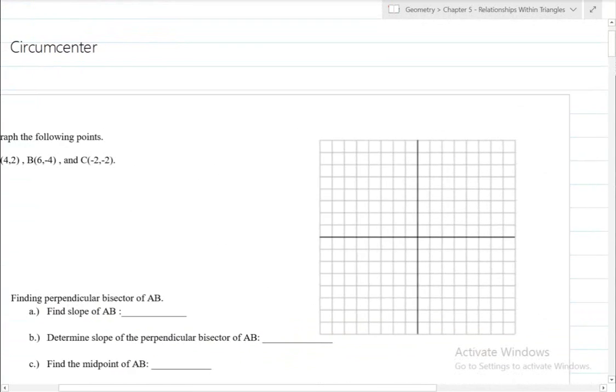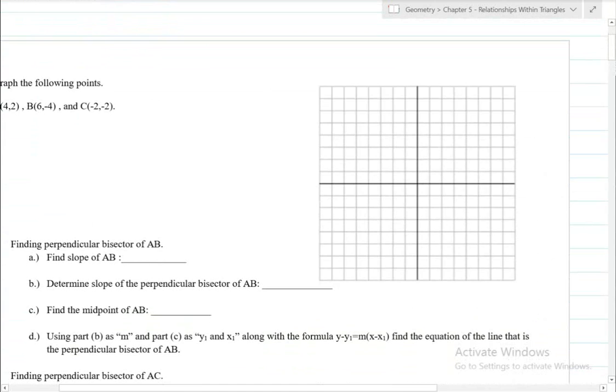Now, all this algebra that is involved here, we've done, okay? So I'll plot the points. Hopefully you've already done that. So 4, 2. And really, to be honest with you, the graph is strictly just for graphic organization, so that I know what segments to deal with and which ones to bisect and that kind of stuff.